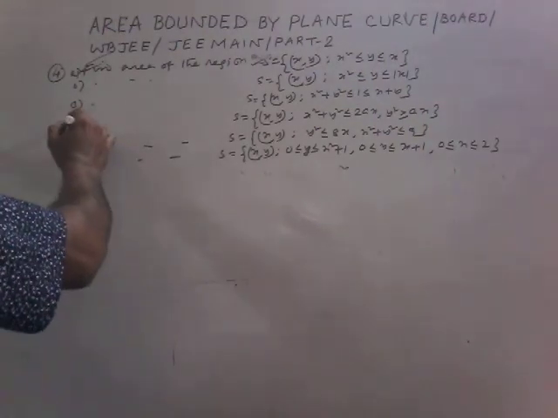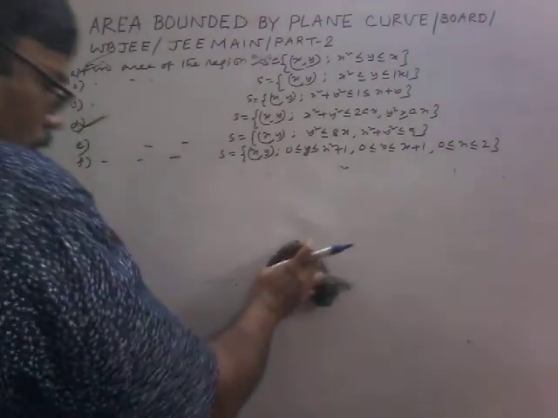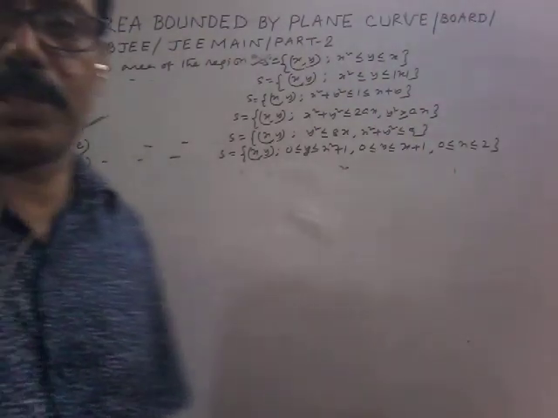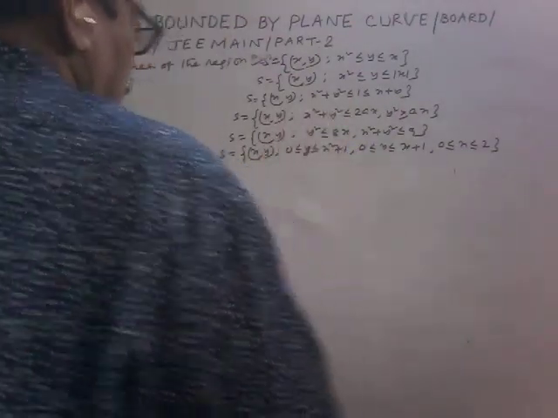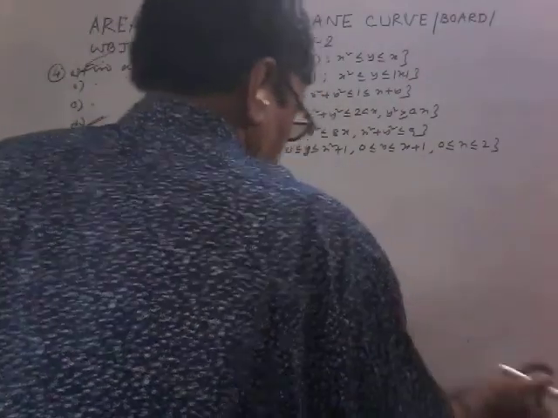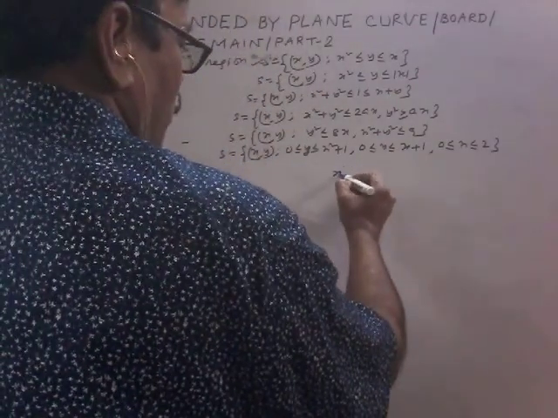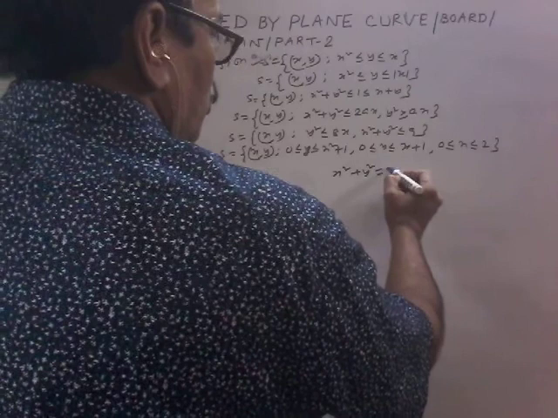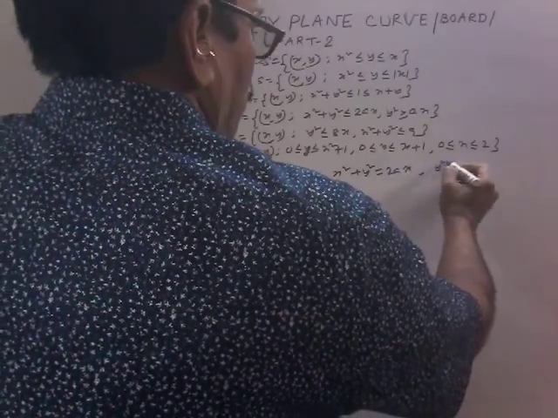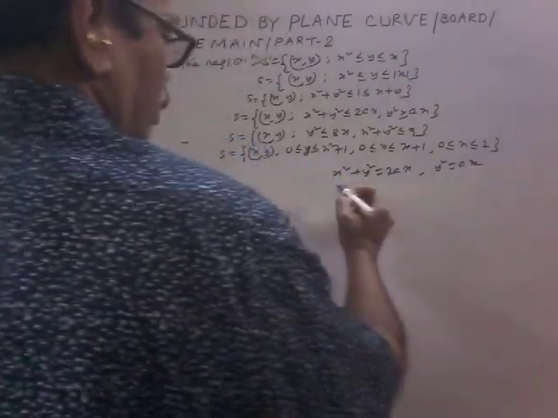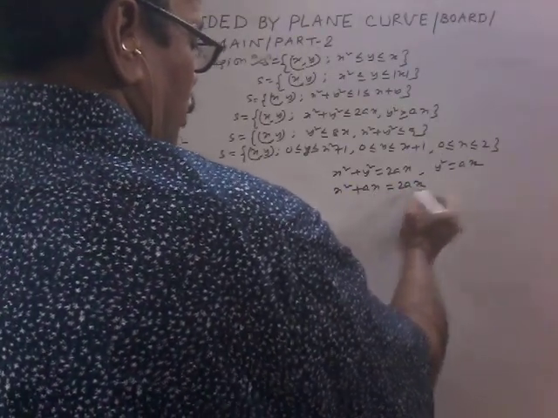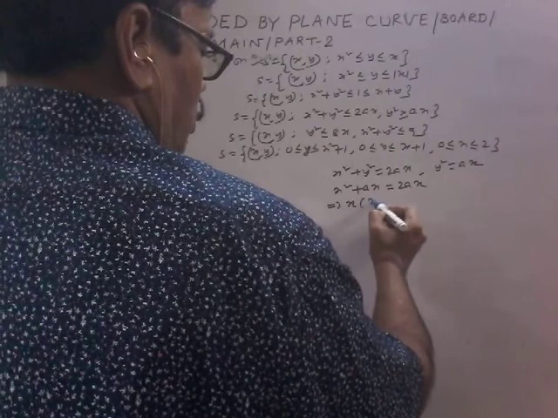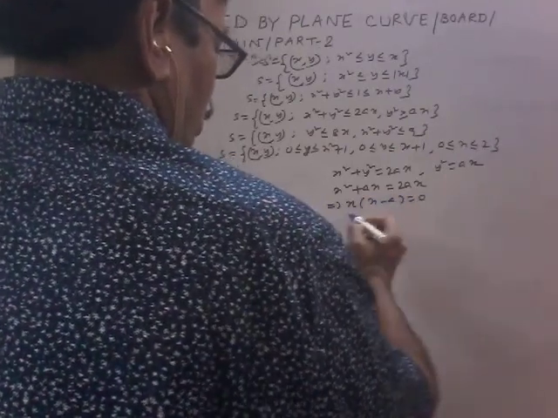Suppose problem number D. The corresponding equations are x square plus y square equals 2ax and y square equals ax. So x square plus ax equals 2ax. Taking x common, x minus a equals 0.